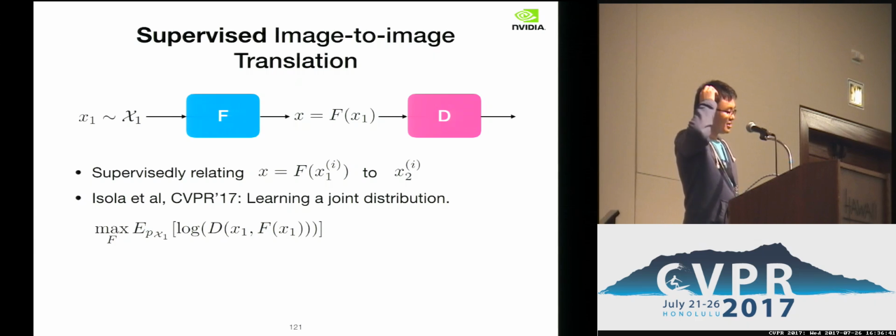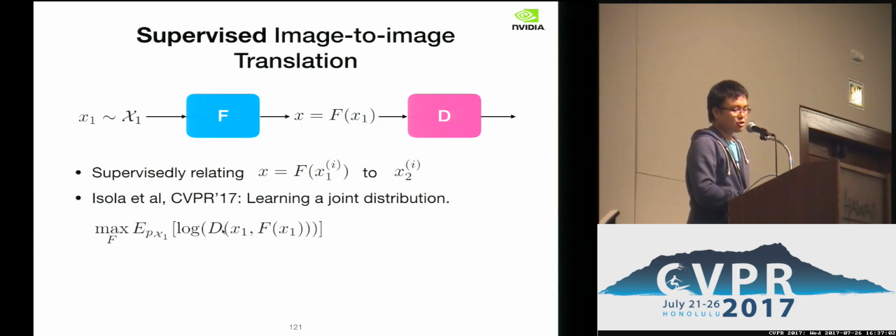We also have another amazing paper from Berkeley on pixel to pixel. It's the same idea, but more general. It's for many domains. The way they relate the two domains is to use supervised pairs. What they do is the discriminator now takes a pair of images as input.